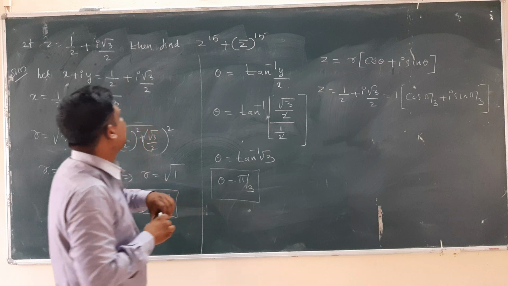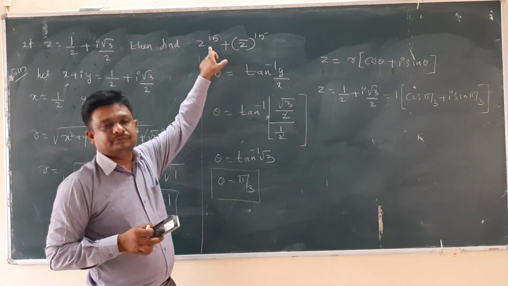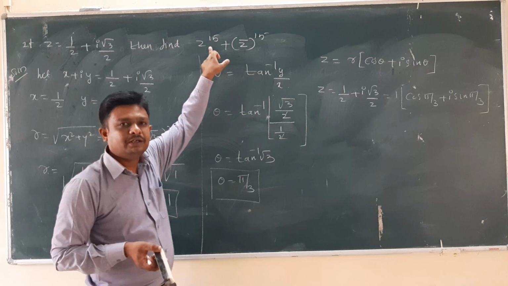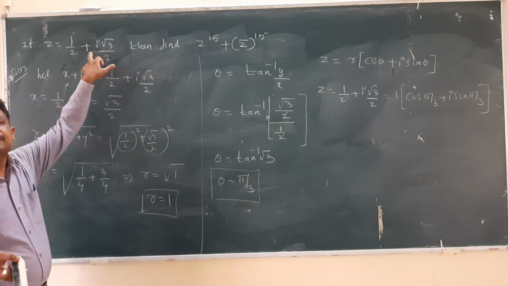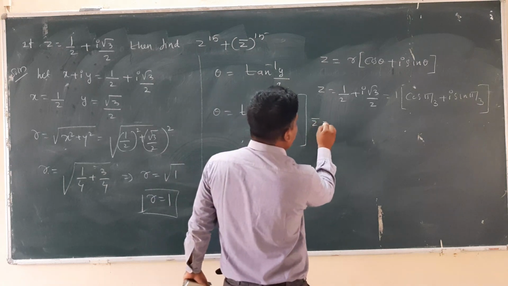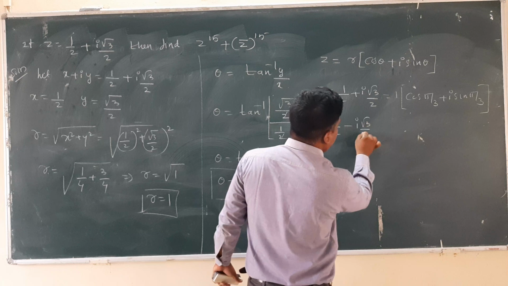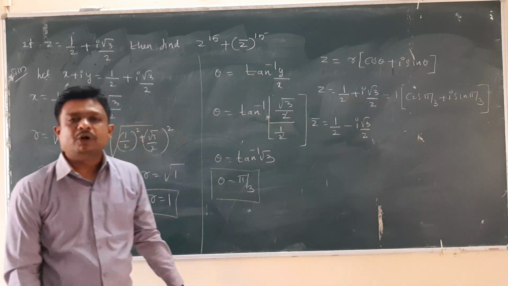Here we can see z bar is the conjugate of z. So what is the definition of conjugate? It differs in the sign of the imaginary part. So therefore z bar I can write as 1 upon 2 minus i into root 3 upon 2.